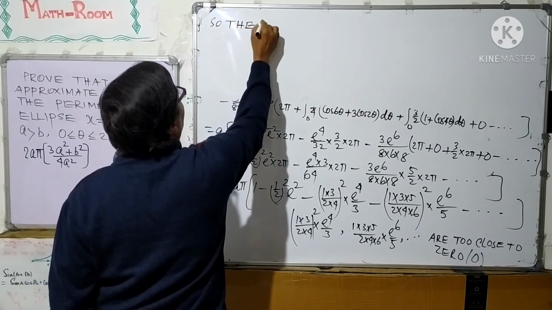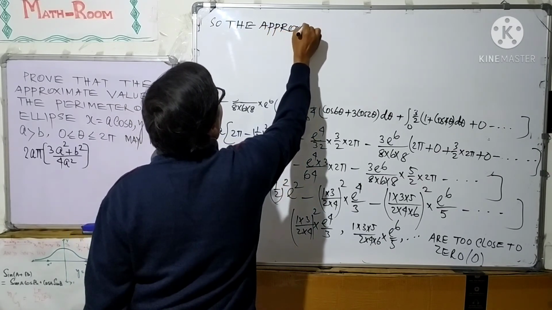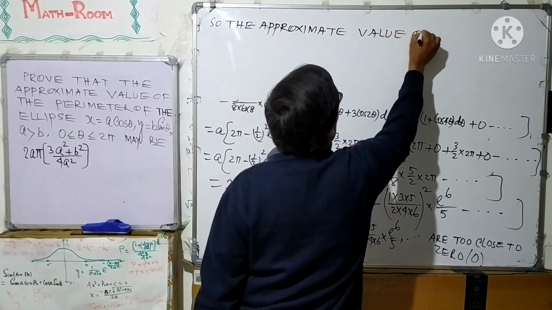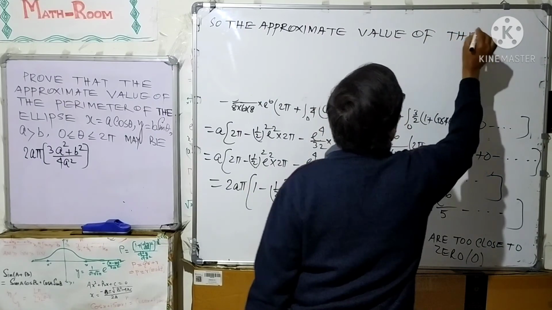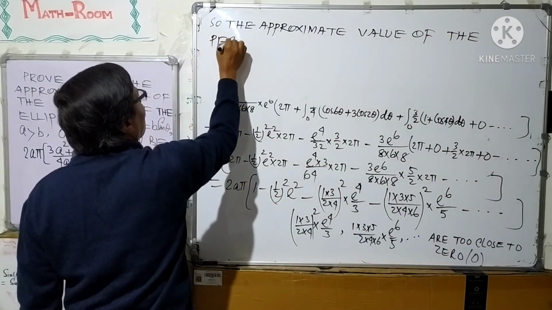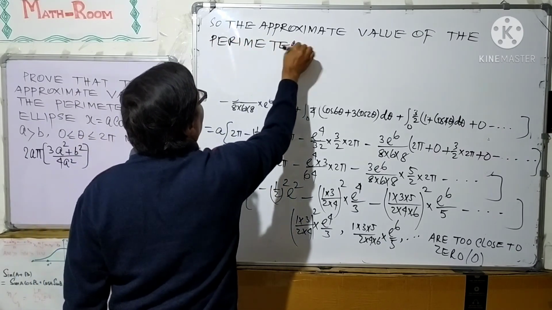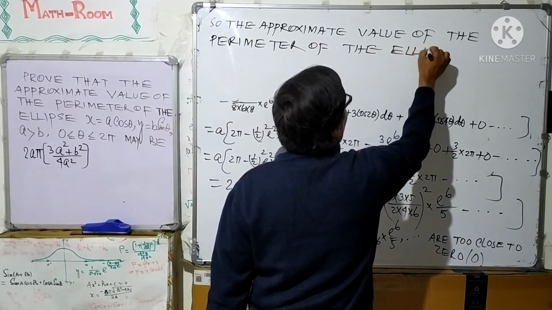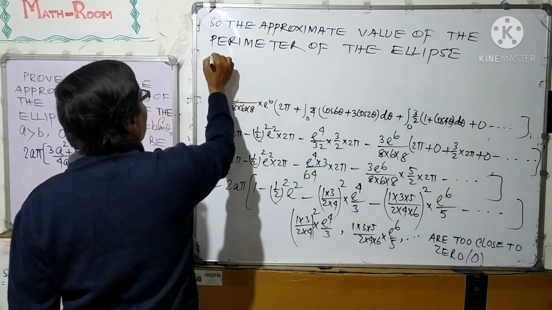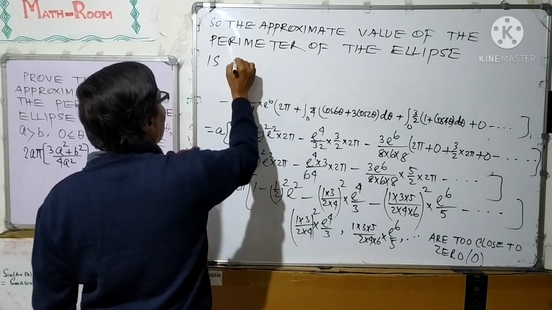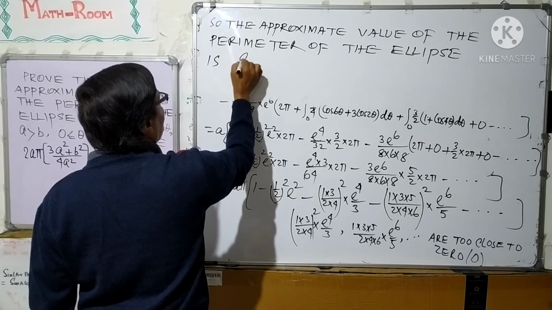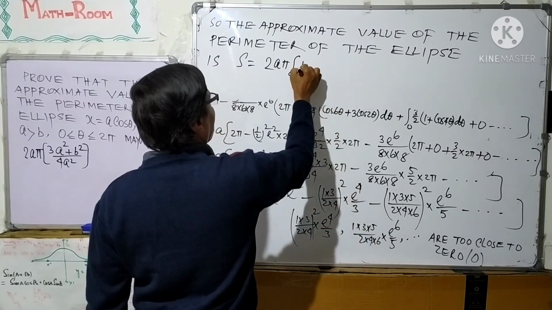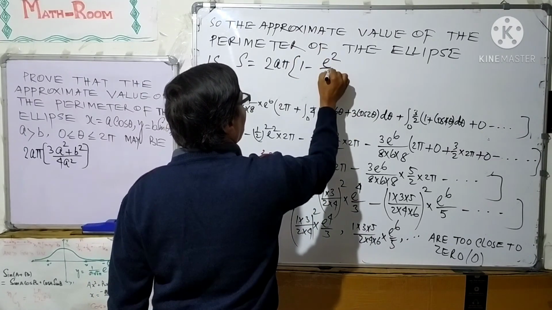So the approximate value of the perimeter of the ellipse is s equal to 2a pi into 1 minus e square over 4.